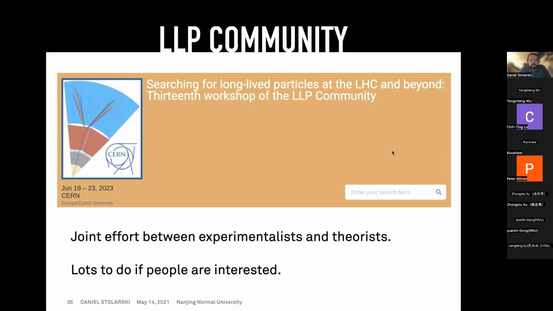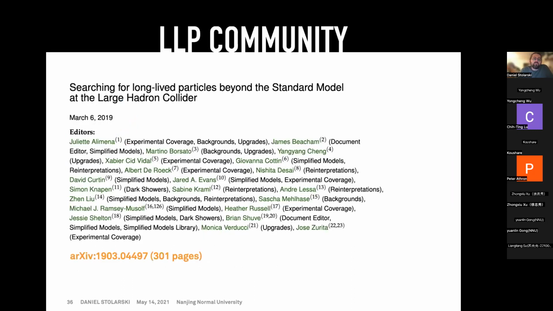How to optimize the searches, optimize the person power on the experiments doing these kinds of things. And this group is now having its 13th workshop this summer at CERN. And I think this one will be hybrid or in person, which it hasn't been for a while, but they've been doing these meetings once or twice a year for quite some time. And this group has generated, you may have seen on the arXiv, this white paper, Searching for Long-Lived Particles Beyond the Standard Model at the LHC.